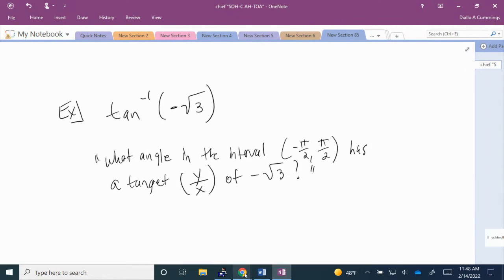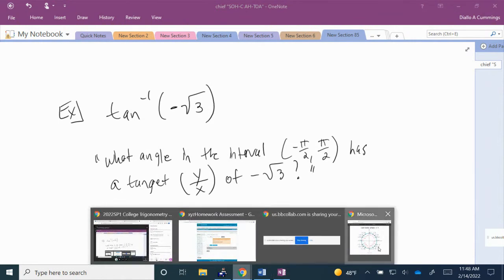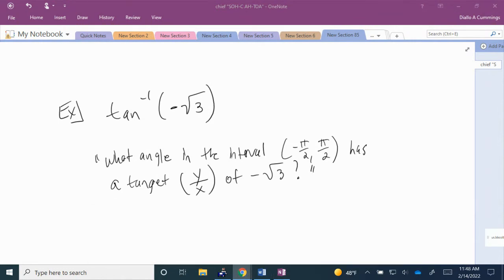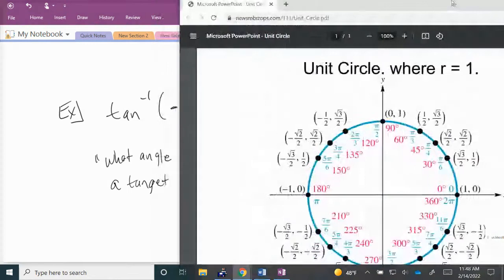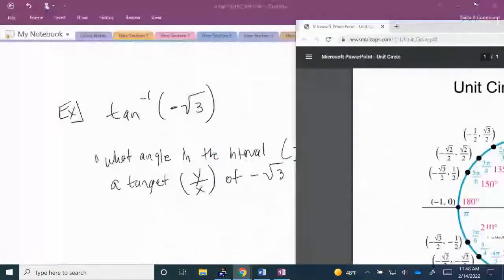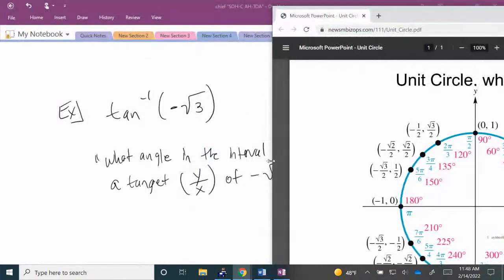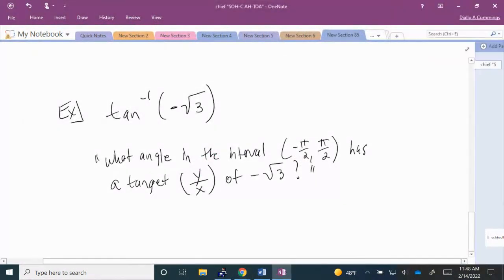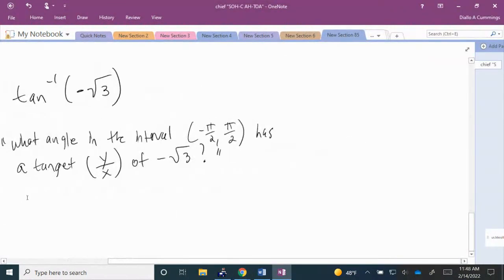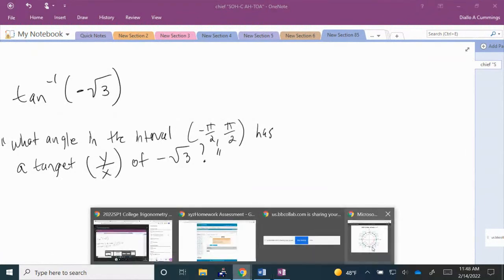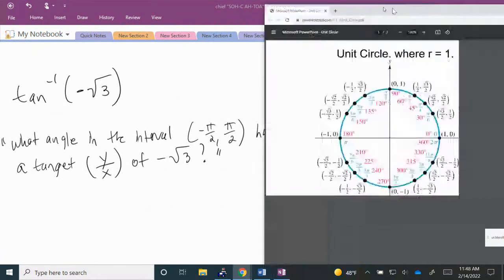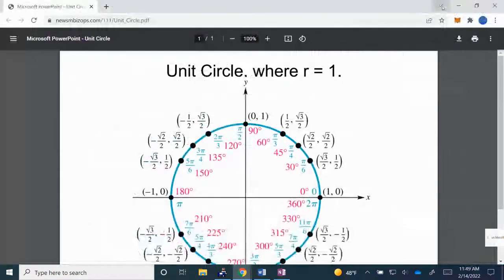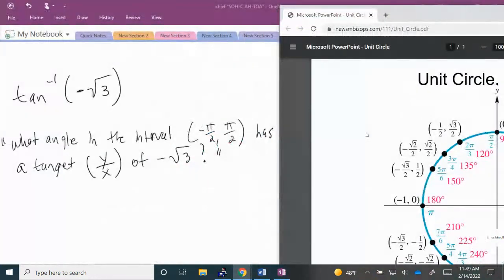If we look at the unit circle, we can remember that our interval for the tangent is negative pi over 2 to pi over 2. This doesn't want to act right.